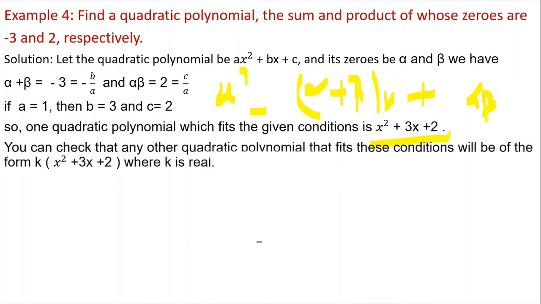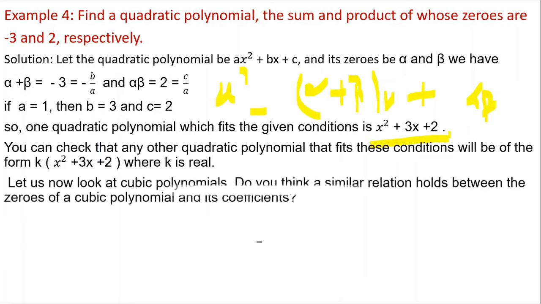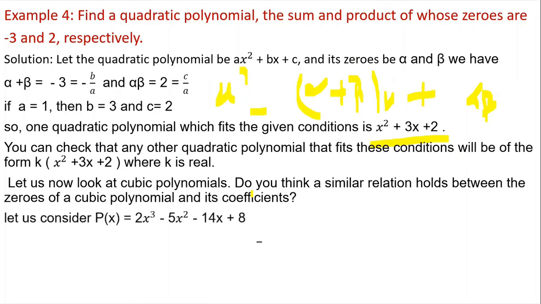Now let us see for cubic polynomials what the zeros are and how the relation is established between their zeros and their coefficients. Let us consider a cubic polynomial, p of x equal to 2x cubed minus 5x squared minus 14x plus 8. Why am I calling this a cubic polynomial?